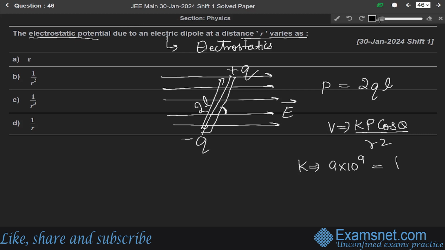It is also written as 1 over 4 pi epsilon naught. So the potential V is directly proportional to 1 over r square. So the correct option is B.